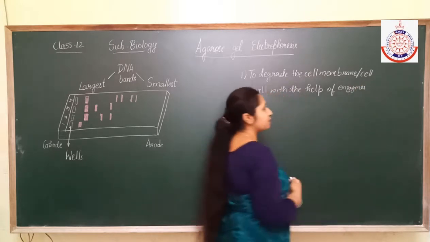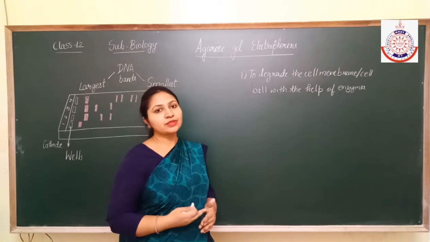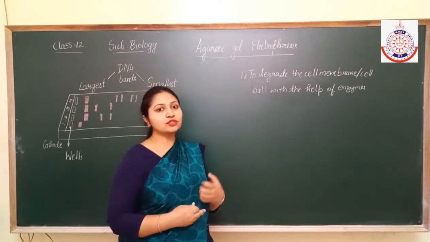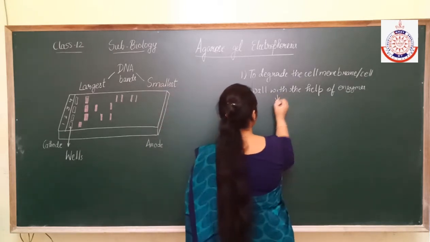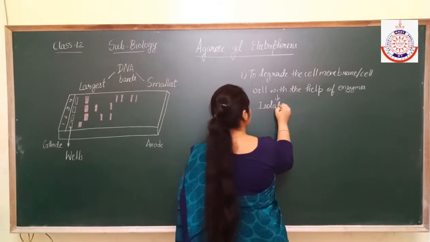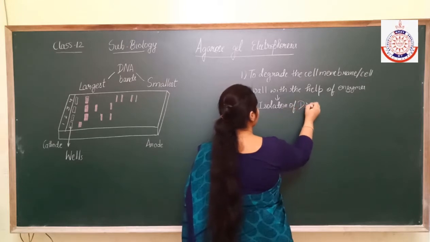In the case of plants, different enzymes are needed, and in the case of animal cells, different kinds of enzymes are needed, so that we are able to isolate the DNA from the cell. This step is basically for the isolation of DNA.